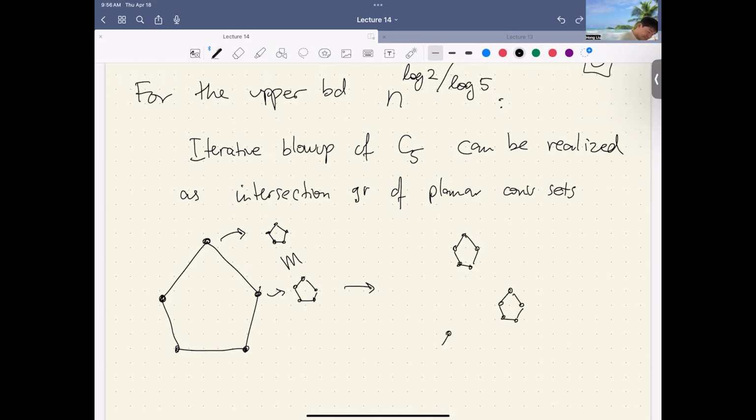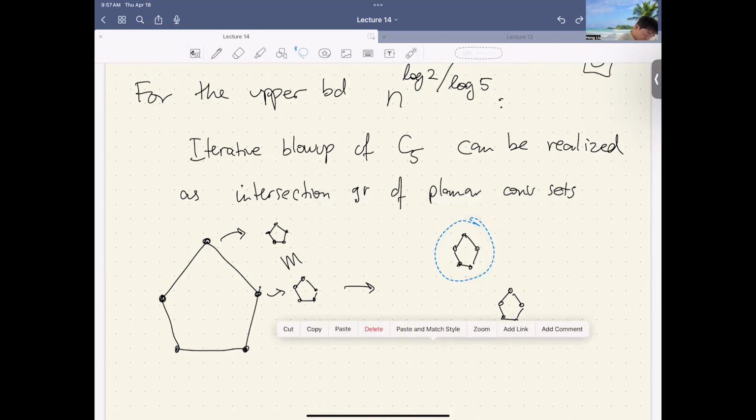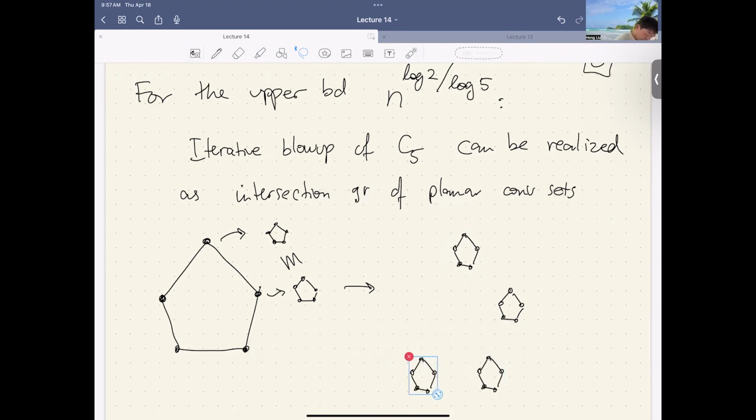I forgot I can just do copy paste, no? Very good. Okay. And you have all edges in between, all edges in between, all edges in between, all in between.